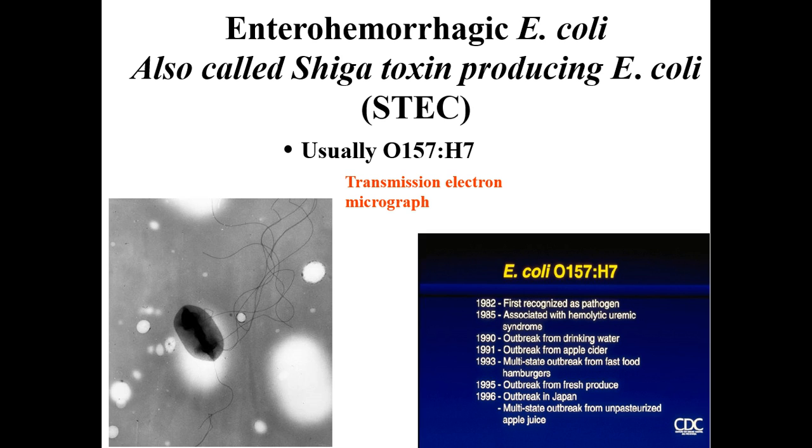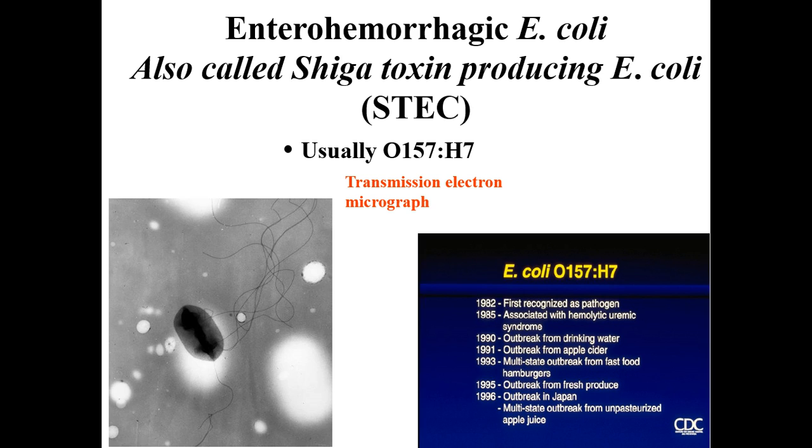Pathogenesis: enterohemorrhagic Escherichia coli secretes a toxin called verocytotoxin or Shiga-like toxin. Shiga-like toxin acts by inhibiting protein synthesis, by inhibiting the 28S subunit of the 60S ribosome.